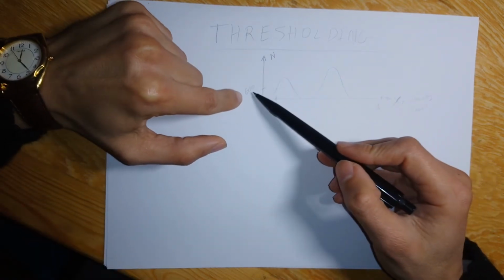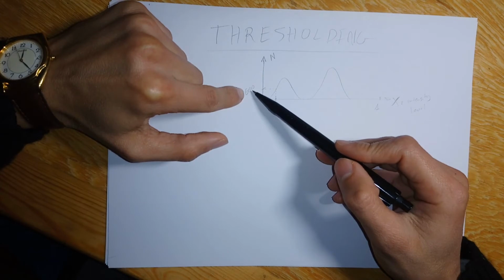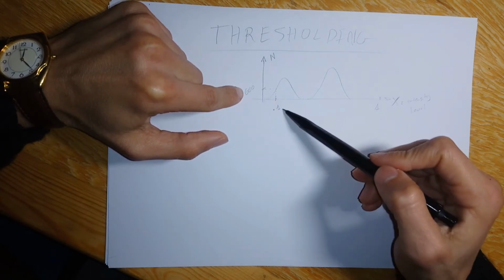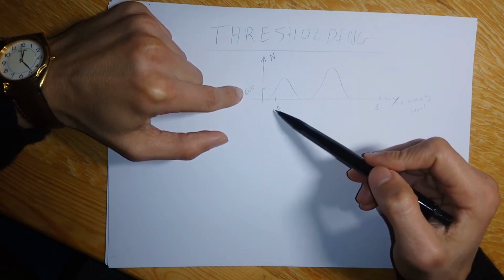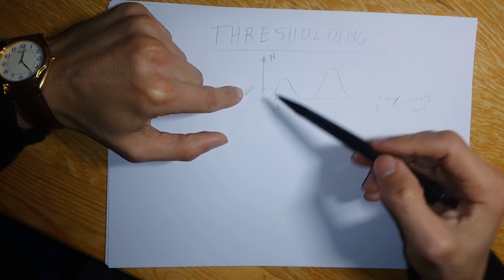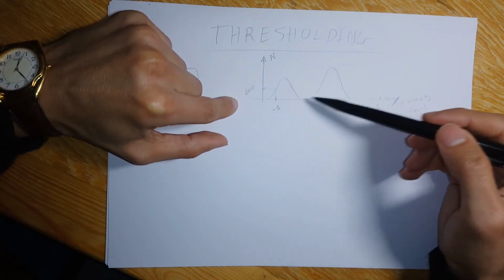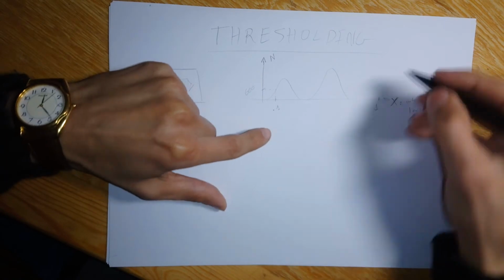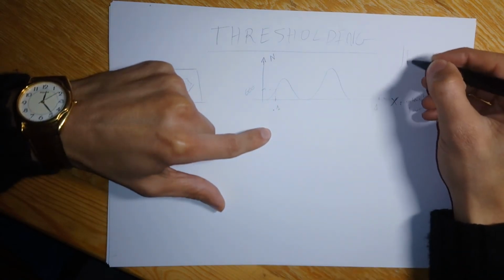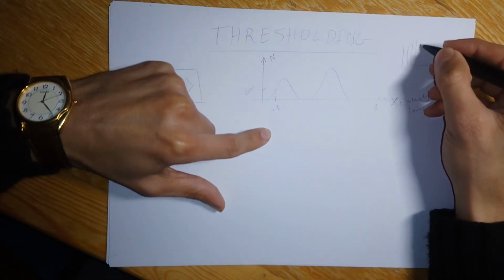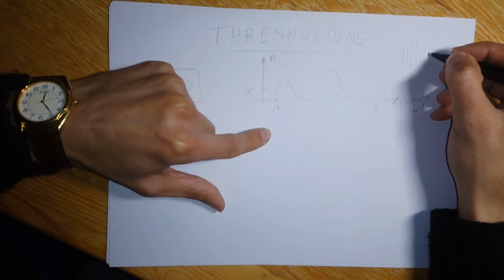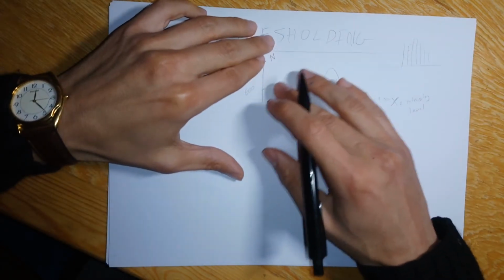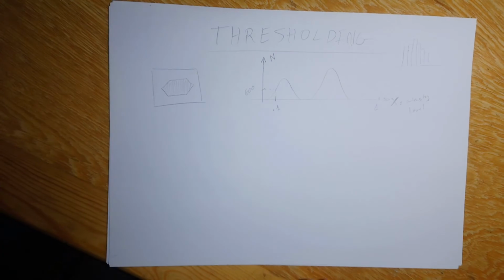So what this means is that there are 600 pixels that have the intensity level 0.1. Okay, and of course the histogram is not continuous. It is in the form of bins, something like that. And the thinner the bins get, the more we tend to get something like a smooth curve.